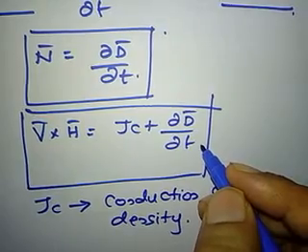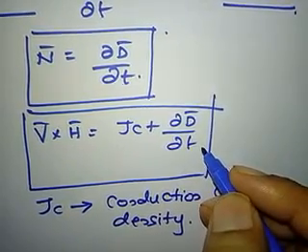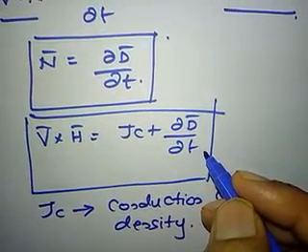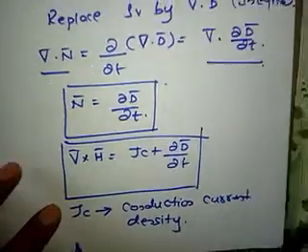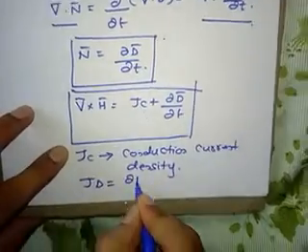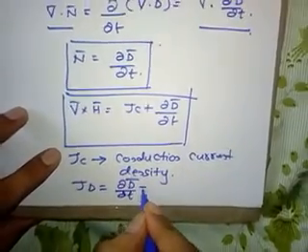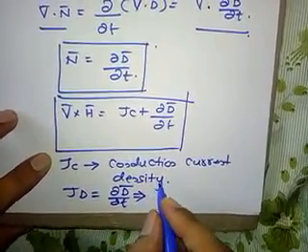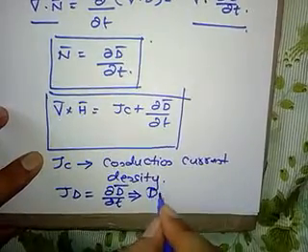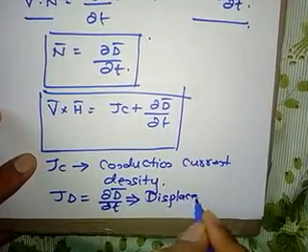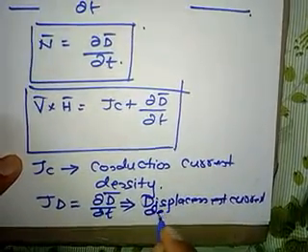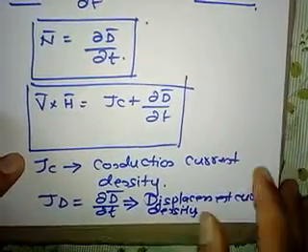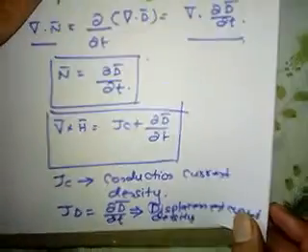This second term is called the displacement current density, denoted by JD. So JD is equal to dou d bar by dou t.